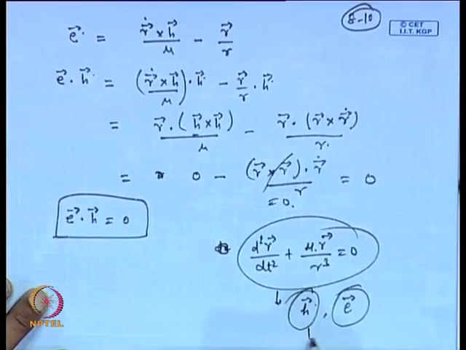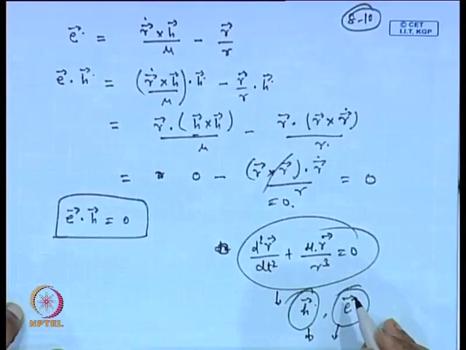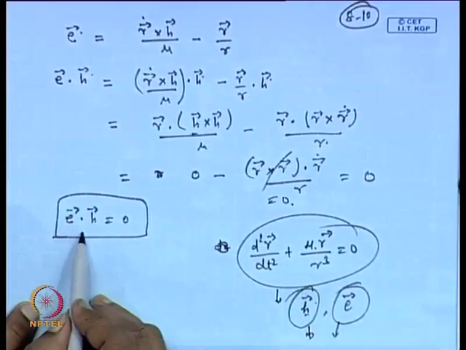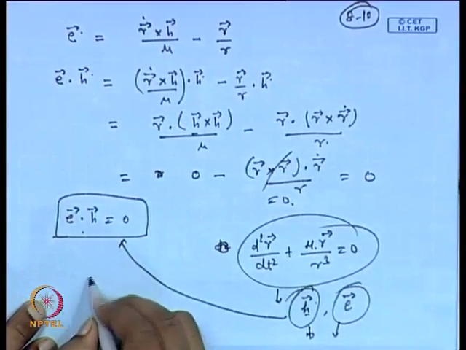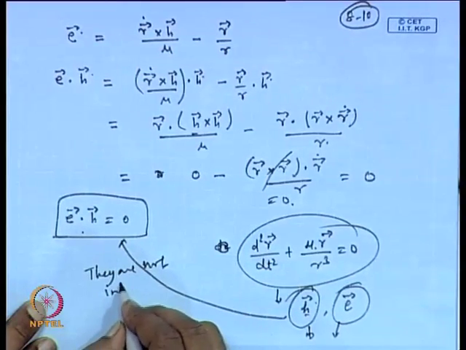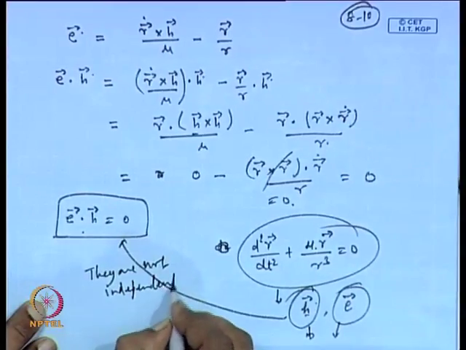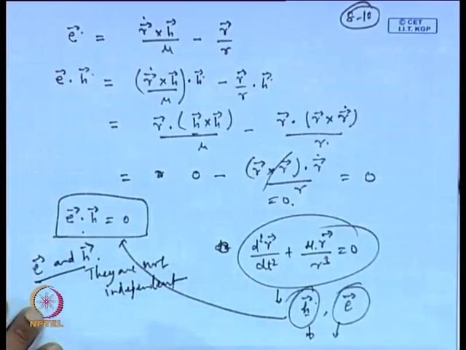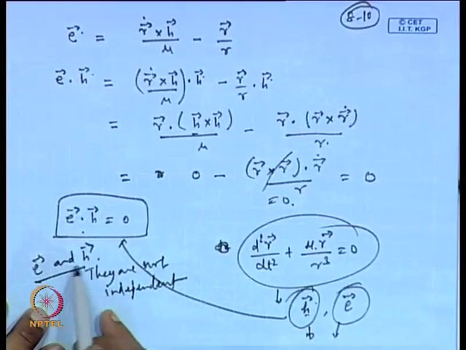So, these two integration constants together contain information about the orbit shape, size and orientation, but here h and e are not independent, as we can see from here. They are not independent. Okay. So, alone these two are not able to completely describe the orbit.